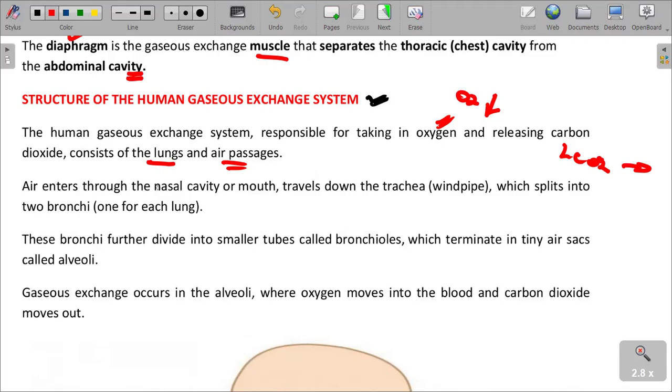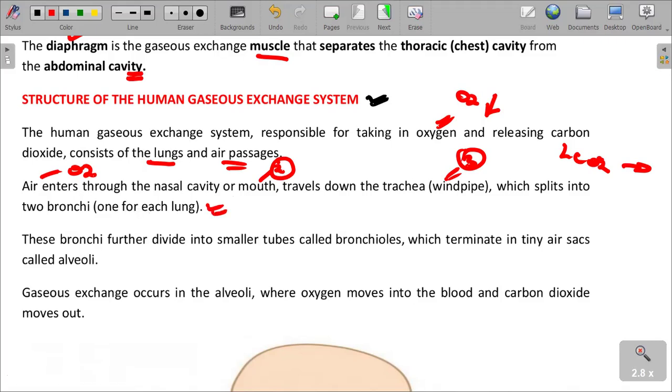Air enters through the nasal cavity. I'm sure we know that the air we are talking about is the oxygen. It enters through the nasal cavity or the mouth, which is also another entry point for air, traveling down through the trachea, which we call the windpipe. The trachea splits into the bronchi, one for each lung.